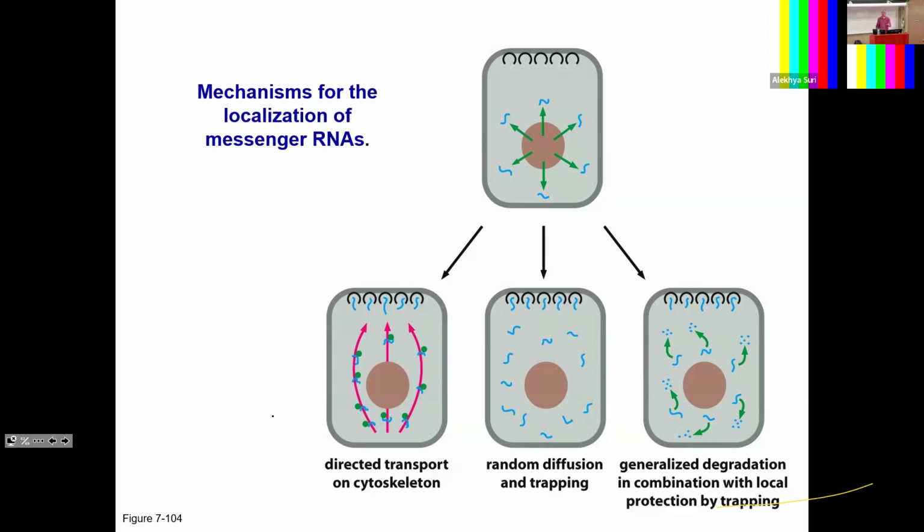Overall, it tells you RNA will go to specific locations in the cell. Mostly it means going to one side of the cell membrane but not the other, so it's a specific location in the cell membrane.